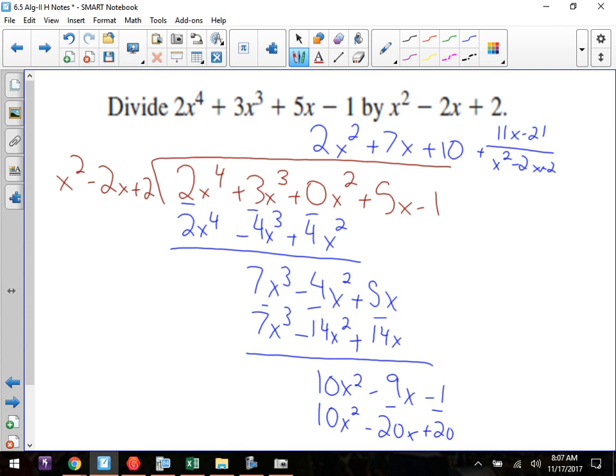When you write your remainders, what you want to remember is whatever the sign of the remainder is, in this case it was positive, I would write plus 11x minus 21 over. And like I always say, there's a reason why we do it this way, because later on, when we do this polynomial division, the remainder is the equation of the slant asymptote.